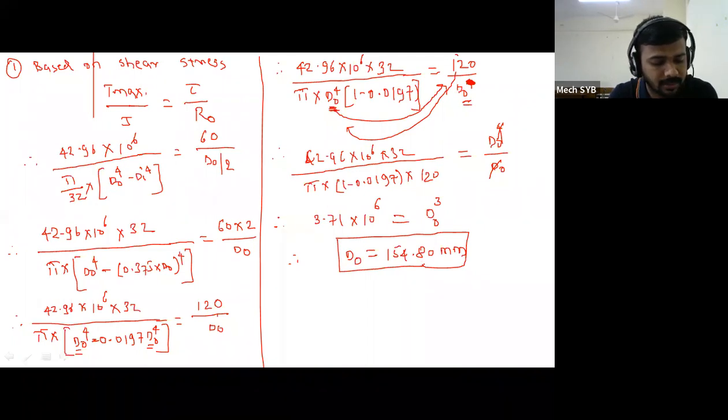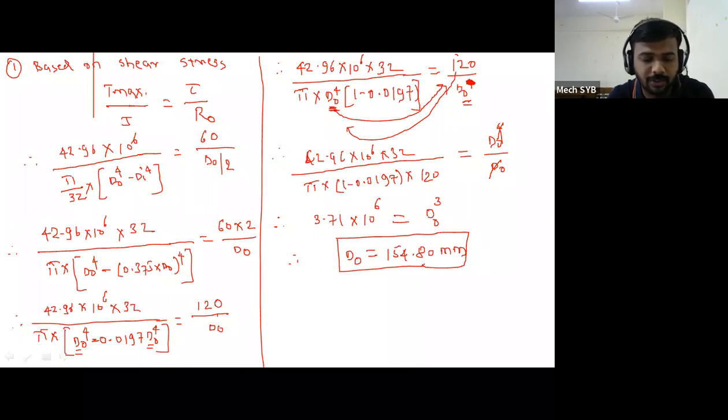Those who have got those answers, you may send 154.80 or 154.66, 154.85, like that. Some variations you will get, no problem. It depends upon the number of digits or whatever other procedure we are following. Accordingly, your answers will vary, but it should not be 156 or 152 like that. 154 point something mm. That value you will get by taking the cube root.